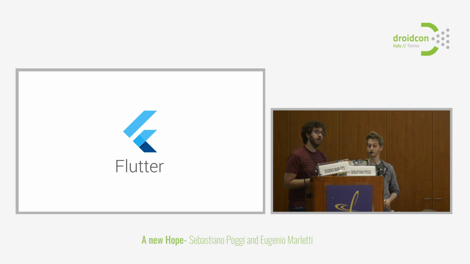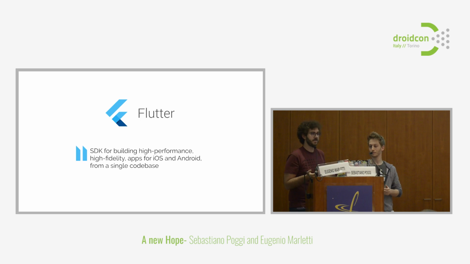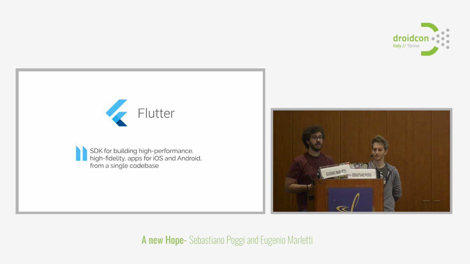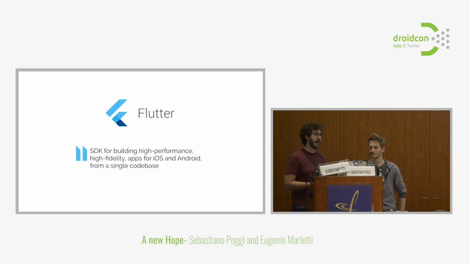So what is Flutter? For the ones that don't know, and I guess for the ones that know as well, because there's a slide for it, Flutter is an SDK for building high-performance, high-fidelity apps for iOS and Android using a single code base. And now I know alarms will be going off like, that sounds like Cordova. It's not Cordova, otherwise I wouldn't be talking about it.